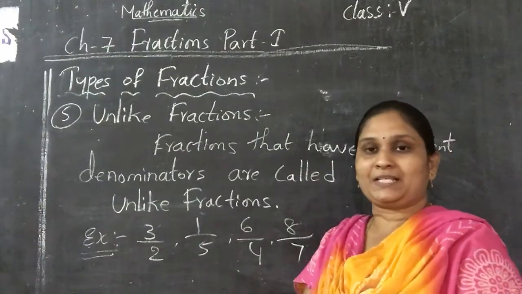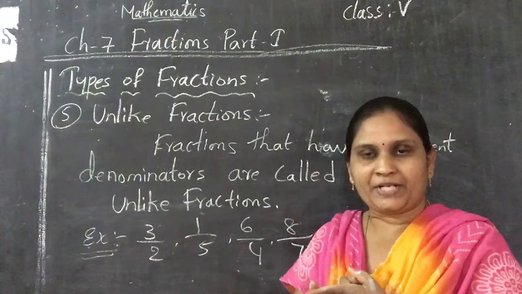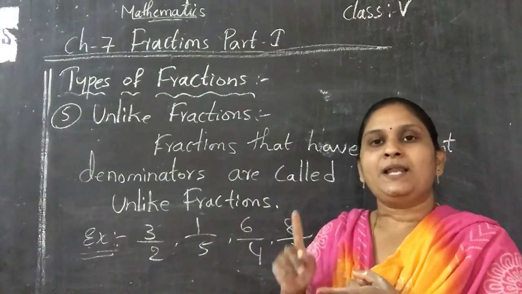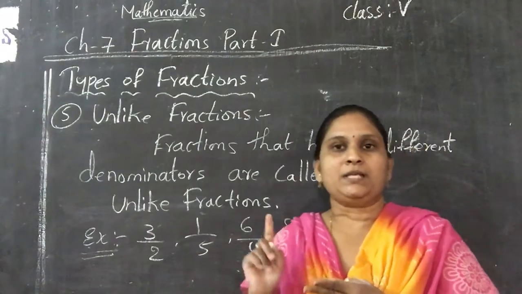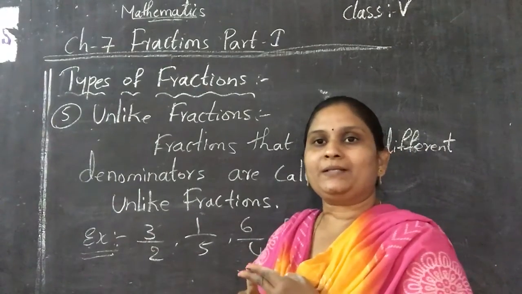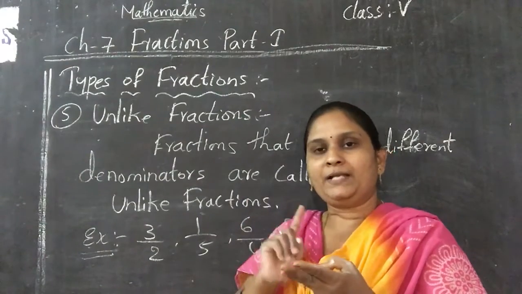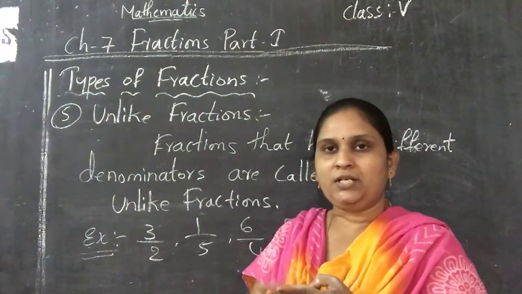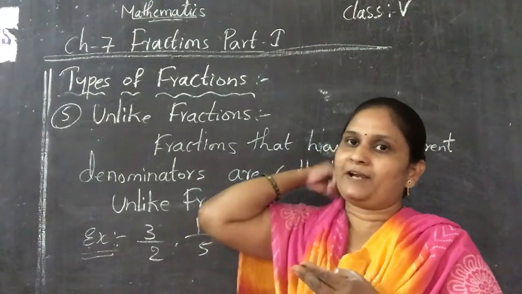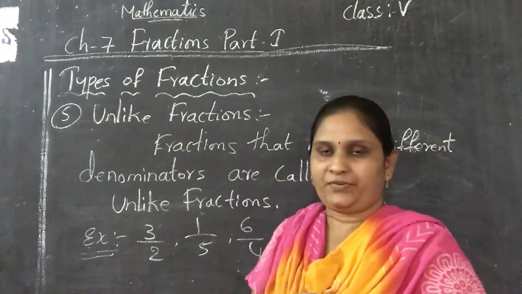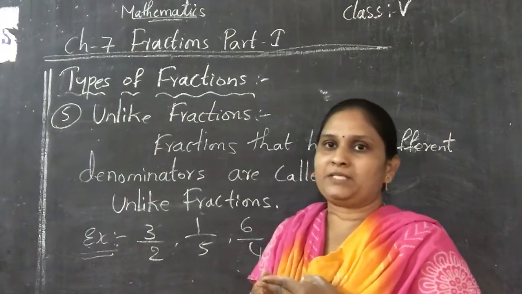Up to now we discussed five different types of fractions. One is proper fraction, where the numerator is lesser than the denominator. Second is improper fraction, where the numerator is more than the denominator. The third is a mixed fraction, a fraction combined with a whole number, and improper fractions can be changed into mixed fractions.